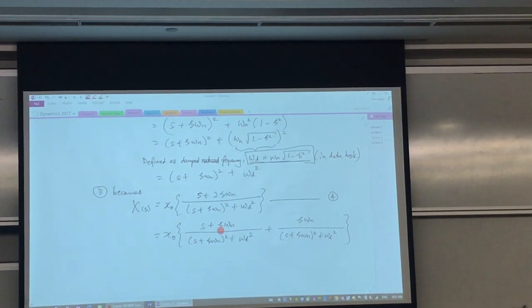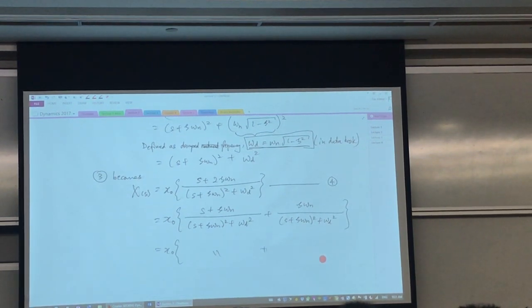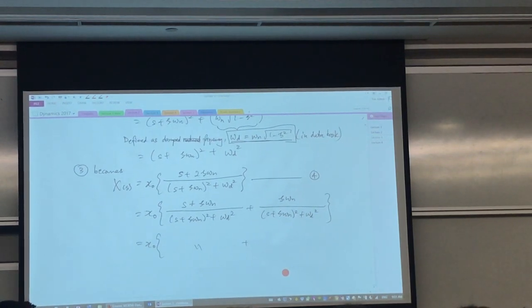This term here, I'm going to keep because it looks like now I could do an inverse Laplace for this. Later on, I'll show you. This term over here, I still could not do an inverse Laplace according to the Laplace tables. So what I'm going to do is to factorize it a little bit more. I'm going to break this into two terms that I multiply together.